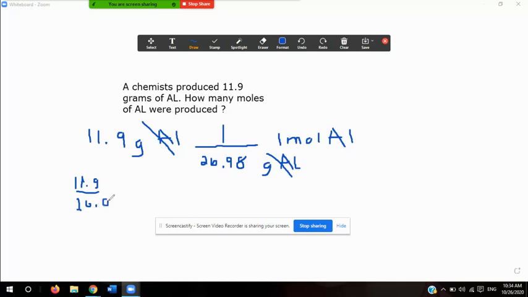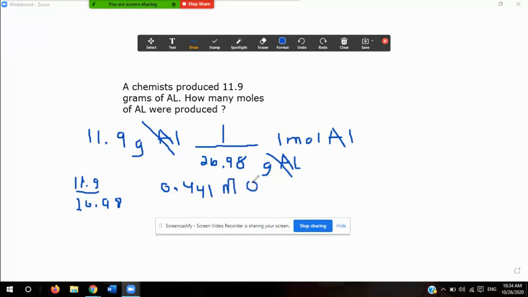And when you divide that, the answer that you get is 0.441 moles of aluminum.